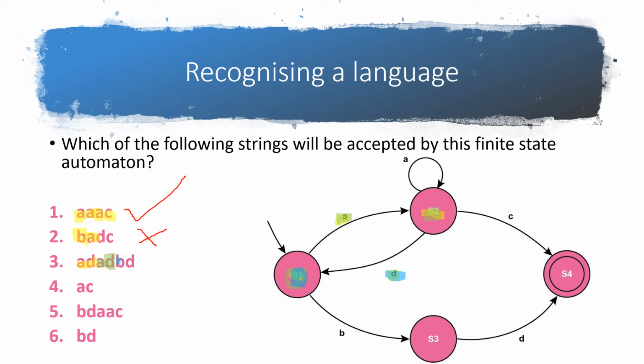So our next character is a B, so that's going to go on this transition, and we're going to be on S3. And then our final character, look, is a D, and that's going to allow us to use that transition, and we're going to finish on S4. So what we can say for certain is that one is valid.